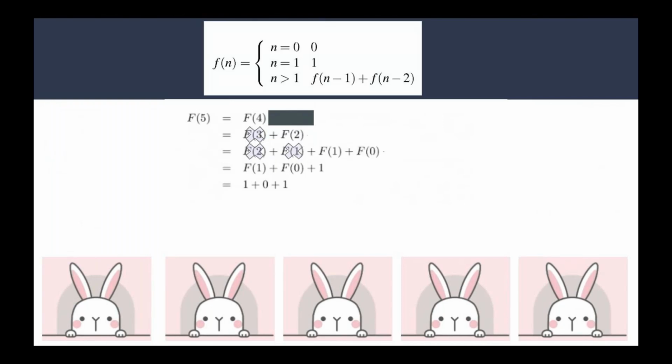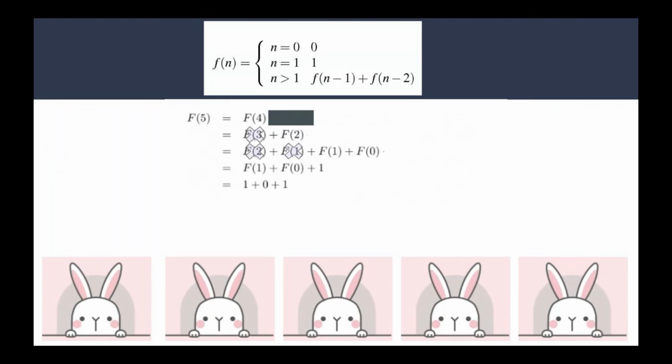Now we can go and look at the next one, which is f of 1, which we know is just 1. We trickle that down. All right, cool, we're done. And guess what? We've also finished f of 3. So now we can peel this blocked one, f of 2, and by the definition, we know that is the previous two, which is f of 1 plus f of 0.